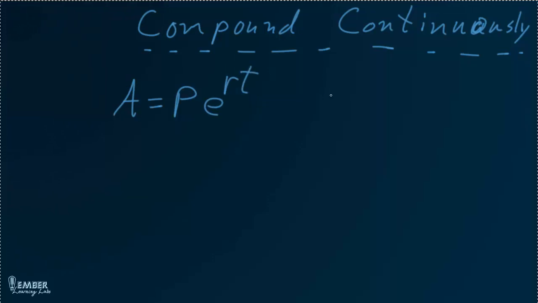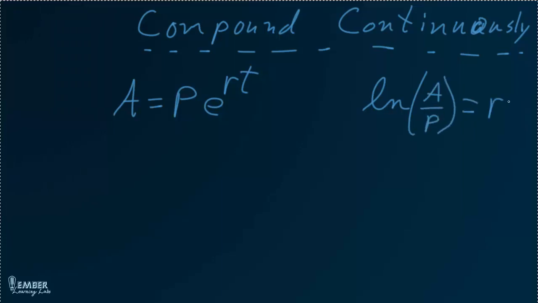Or you could write this in logarithmic form, which is sometimes useful: the natural log of A over P equals rate times time. So on a compounded continuously problem, one of these two formulas will get you there. Let's do one example using compounded continuously.